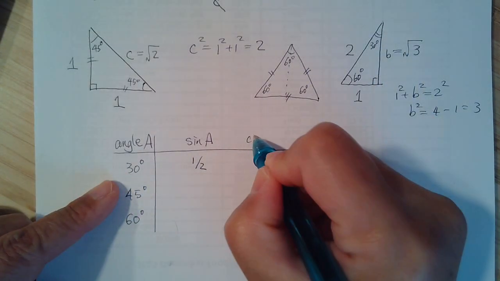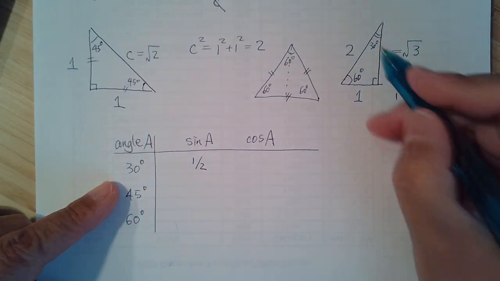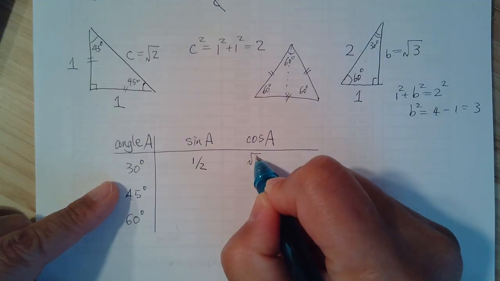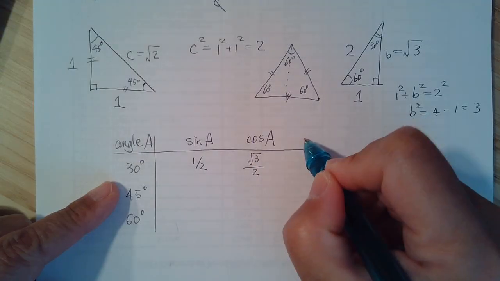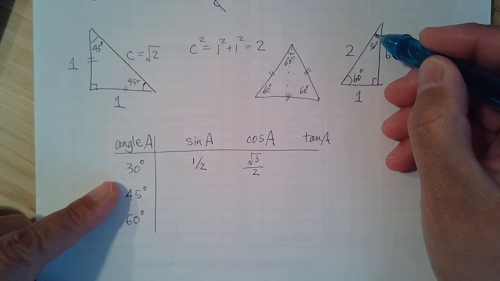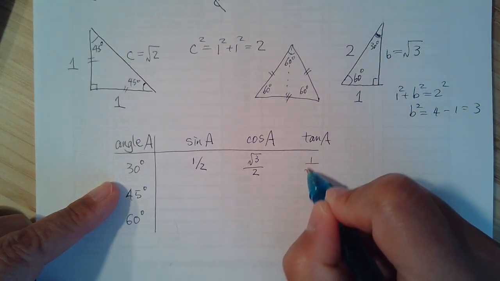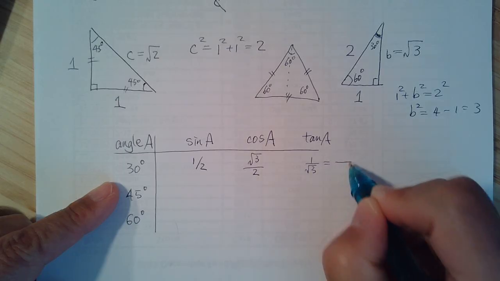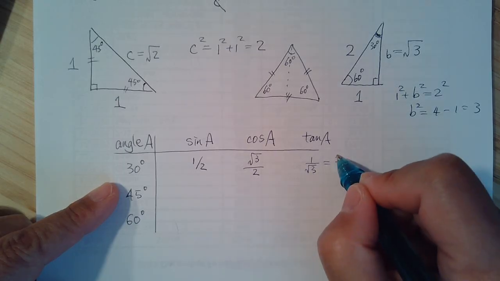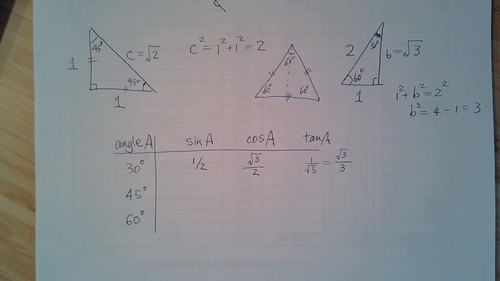What about cosine A? Cosine A is going to be root 3 over 2. What about tangent A? Tangent A is going to be 1 over root 3. Or you multiply by square root of 3. So here's going to be a better way to express that, which means you don't have the square root sign in your denominator. So this is your final expression.